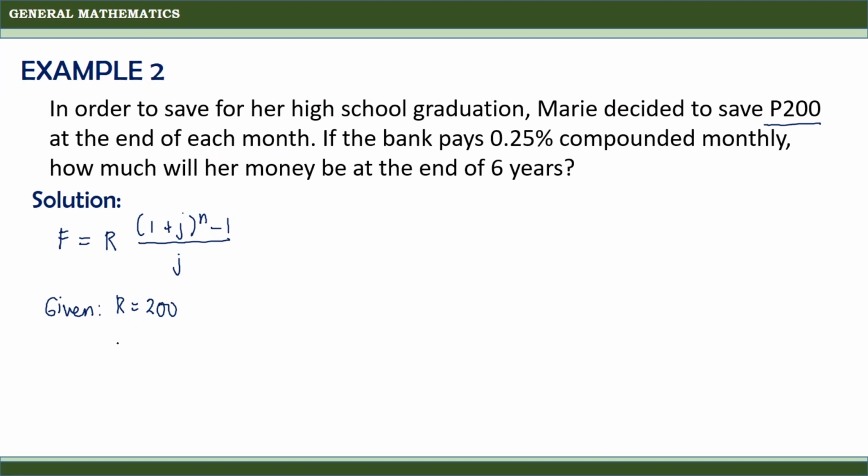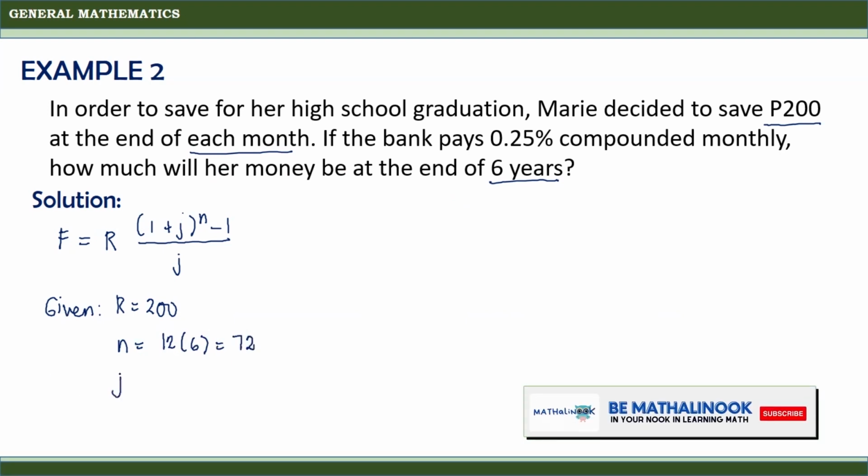The number of payments is represented by N. Since Marie is saving 200 pesos at the end of each month and she was able to save for 6 years, then the number of payments would be 12 times 6, which is equal to 72.